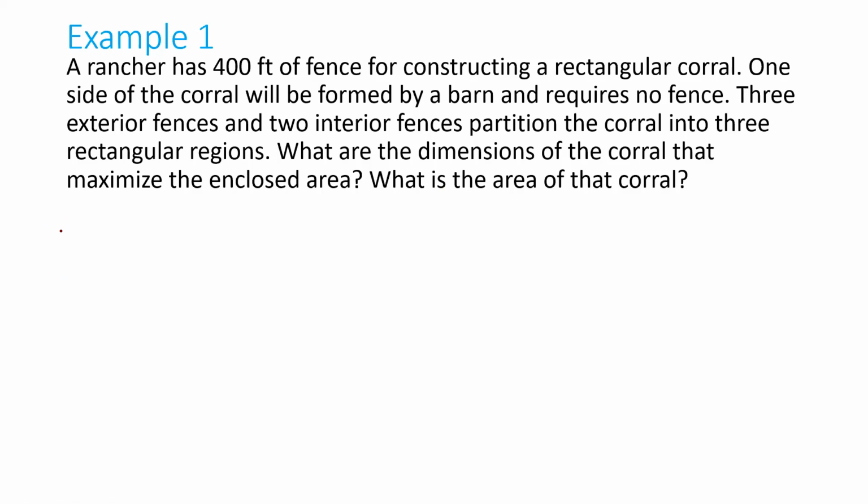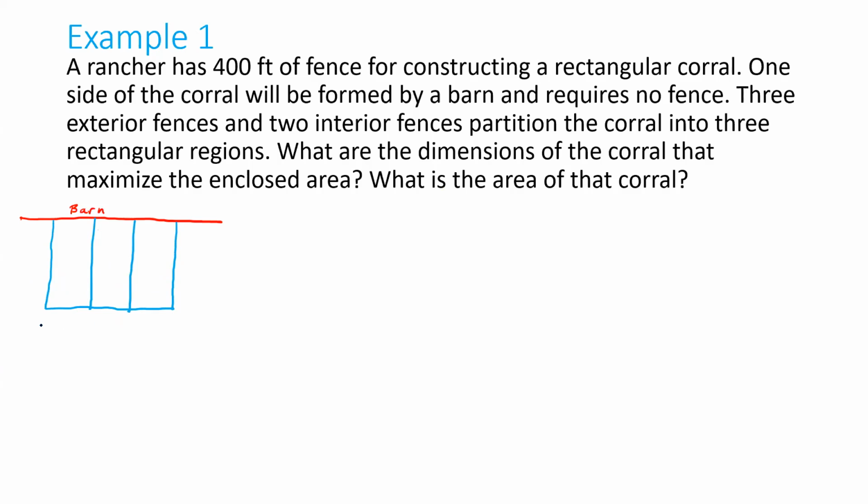So to visualize it, let's draw a simple picture here. One side of our corral will be against a barn here. And then the corral itself will be formed with sides going in between, so we've partitioned our corral into 3 sections. By the way, we can just assume here that each of these are essentially equal.